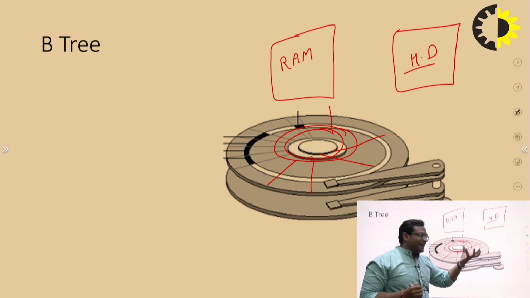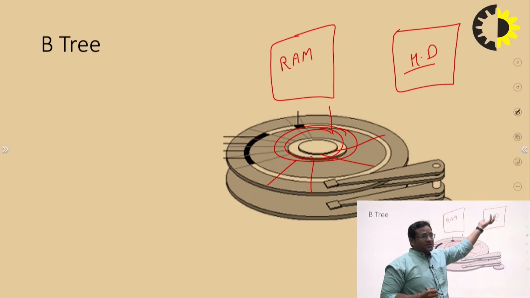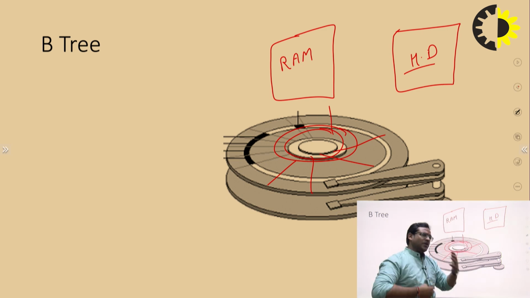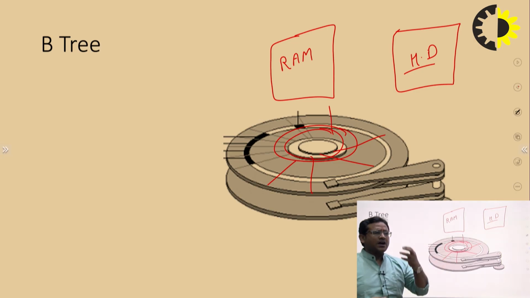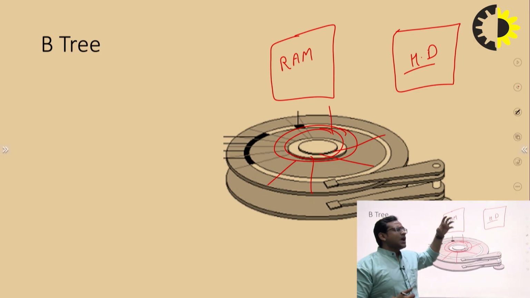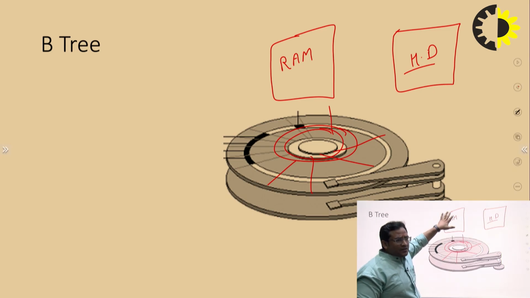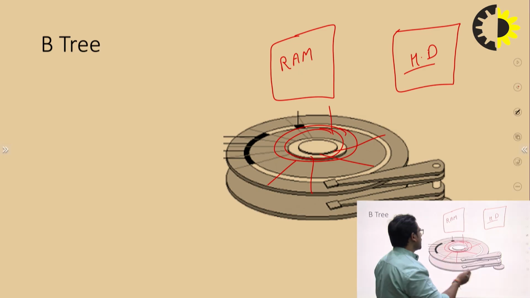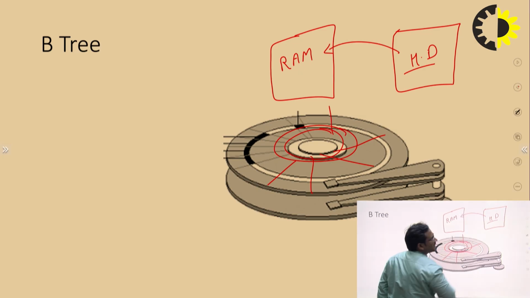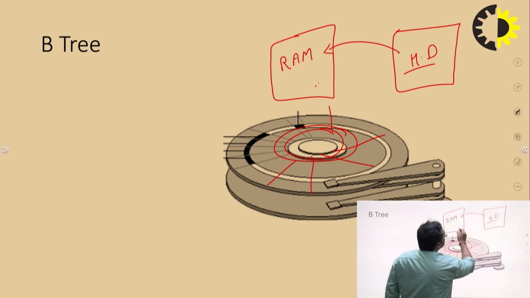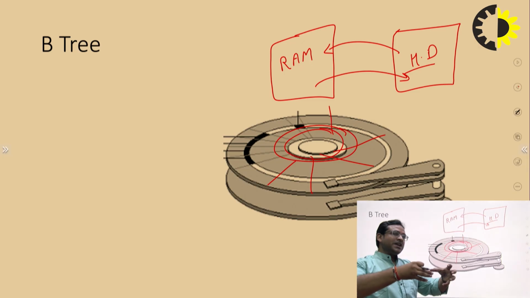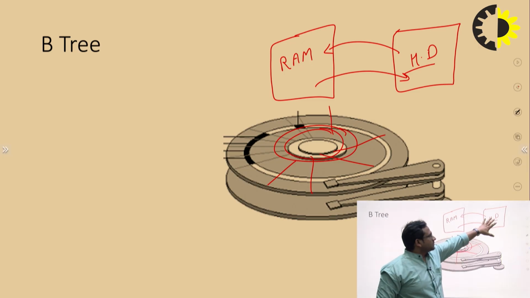Whenever you need any data, you can access it from the hard disk, get it into the RAM, and do the manipulations you want, like read, write, or manipulation, and whatever program you want to run in the RAM. Once the program is executed, you want to store that data into the hard disk again. So once it gets the data from the hard disk, it does the manipulations and stores it into the hard disk again. So data is basically in two places: first in the hard disk, and second in the RAM.